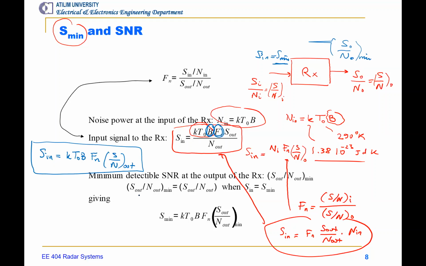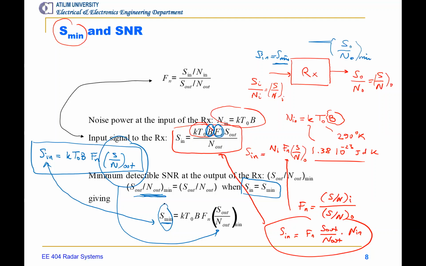So we equate output SNR minimum to output SNR, so that the input signal will be the minimum detectable signal. In that case, we simply replace this input signal power by minimum detectable signal and replace this output SNR with SNR minimum. Is that clear?